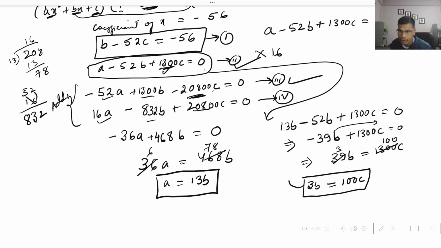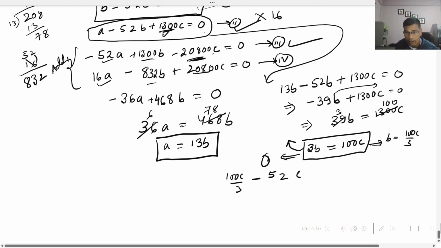Now we will use this in the equation which involves only b and c, that is equation 1. So in equation 1 we have b minus 52c, so b will be equal to 100c by 3. So use this in equation 1. So we have b, which is 100c by 3, then minus 52c is equal to minus 56.